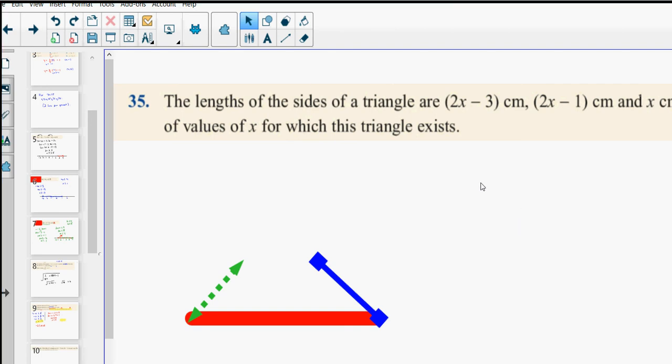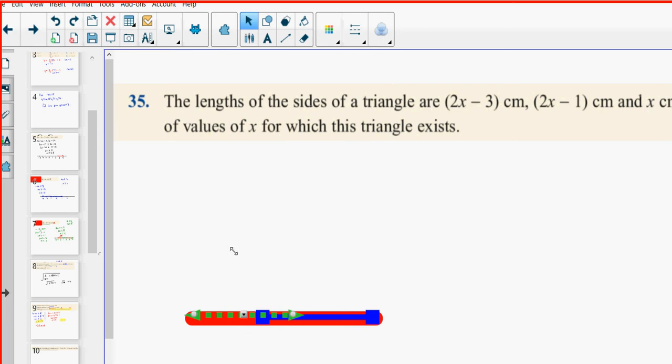A better way of saying that is that the 2 smaller sides have to add up to a size bigger than the larger side. So look at this. If I put these down the bottom here, like so, the blue and the green line lying flat together, both of them combined have to be larger than the red line. You got it? This is what's known as the triangle inequality.